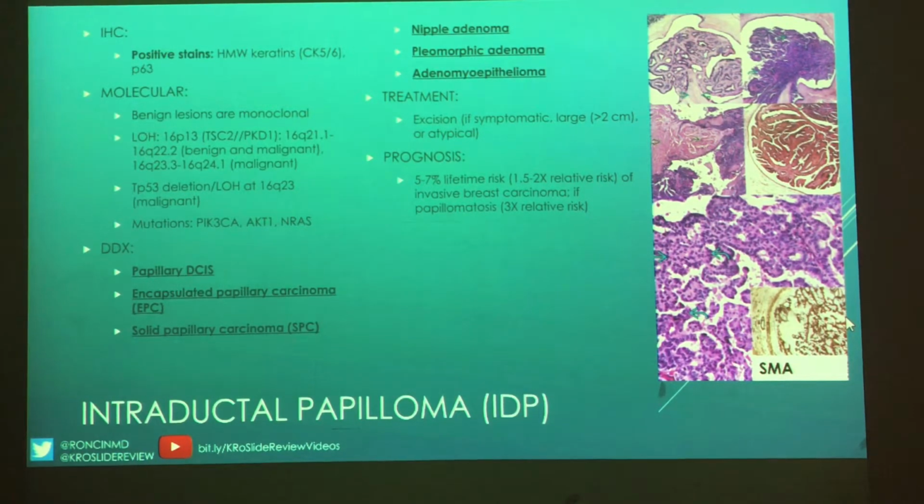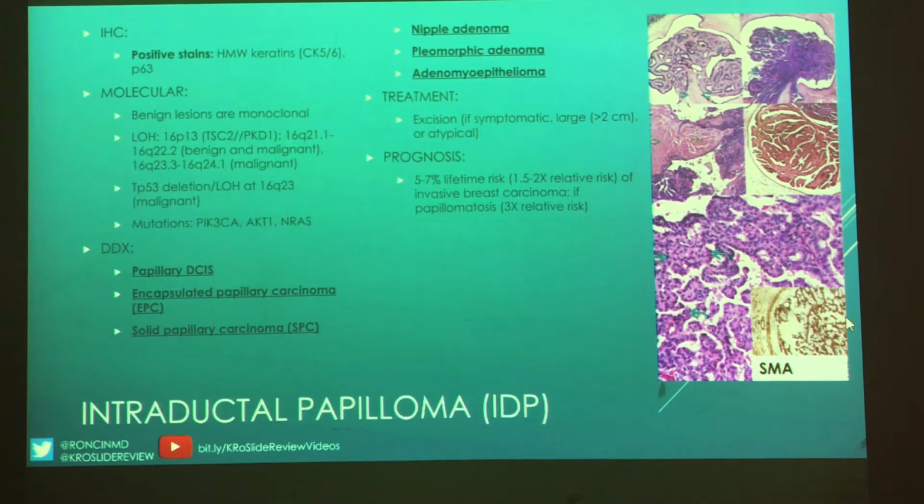And obviously, if we have anything associated with a TP53 mutation or deletion, then those are going to be more malignant. The PIK3CA, AKT1, and NRAS mutations can be present, but you don't necessarily have to see them. So this one, it really is the morphology that's going to help you. But if you have these on core biopsy, they can be extremely difficult because you don't always get the nice delineation.